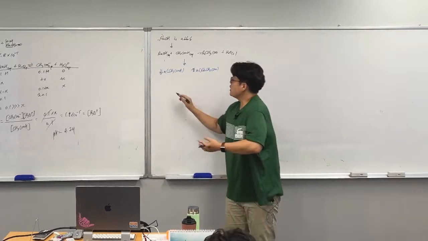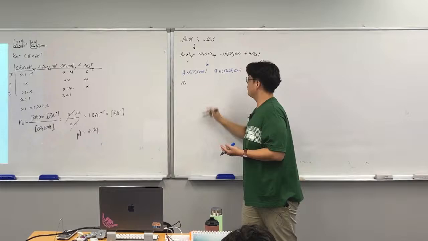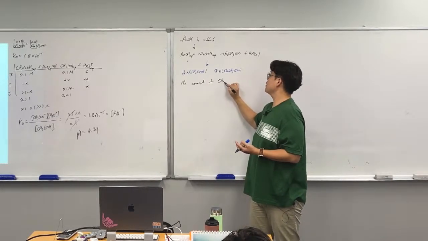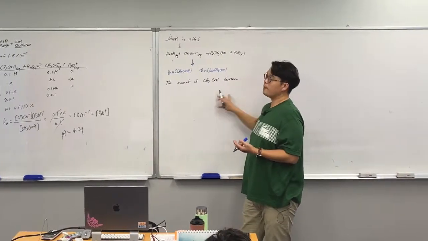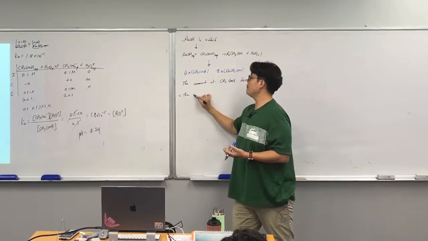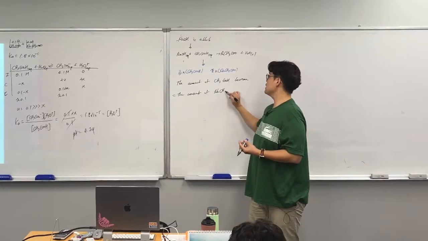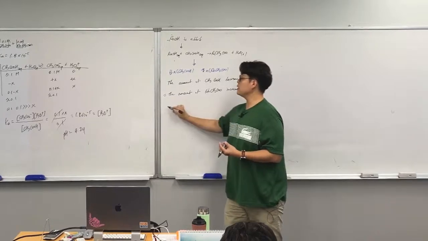Then what can you tell? The amount of the CH3COOH decreased wouldn't that be the same as the amount of the sodium acetate increased? And this is what?